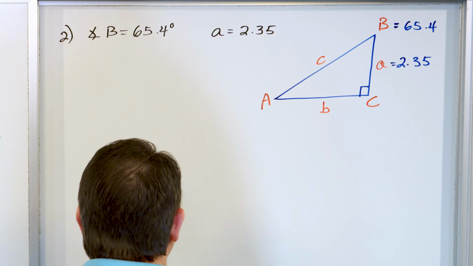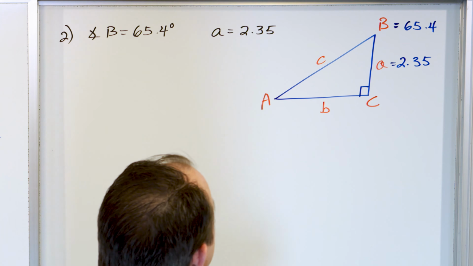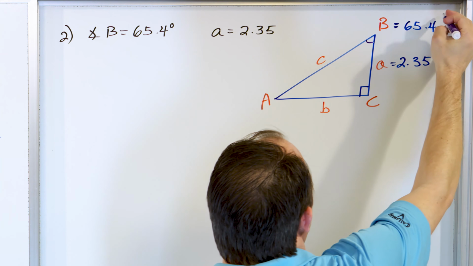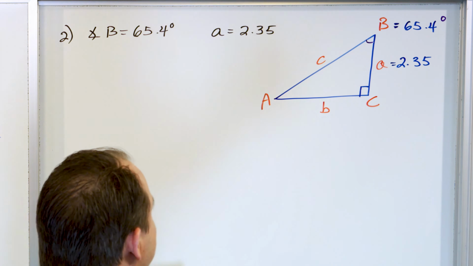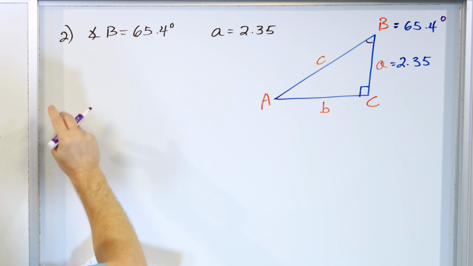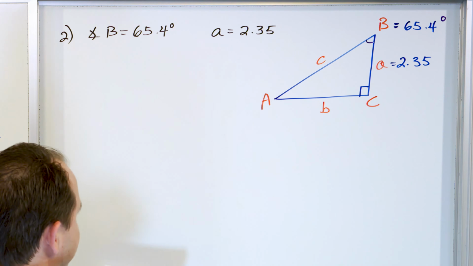Now, how do we handle the rest of this thing? Well, again, I'm already given one of the angles here, which is this angle right here, 65.4 degrees. I know this is 90 degrees because it's a right triangle. So for this problem, I'll do it differently, and I will just find angle A right away. I know that all of these angles have to add up to 180 degrees.